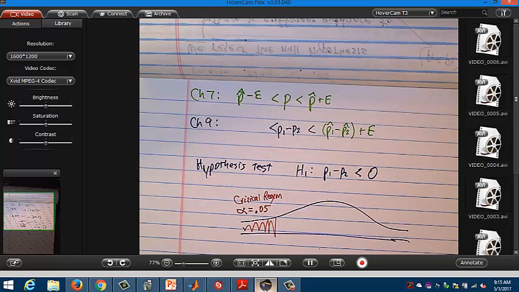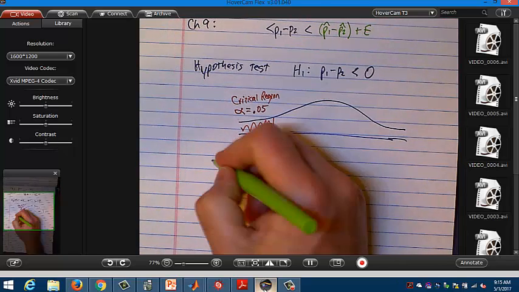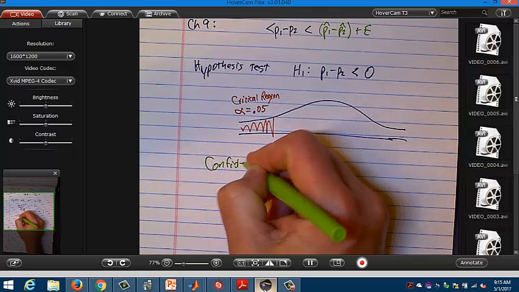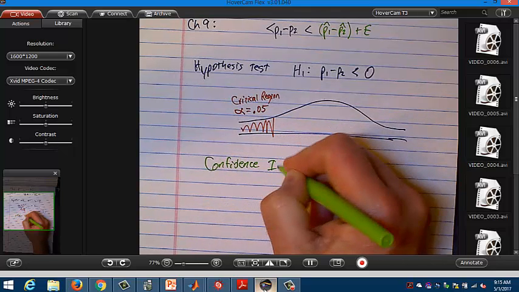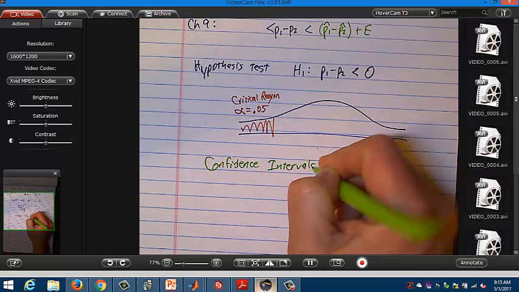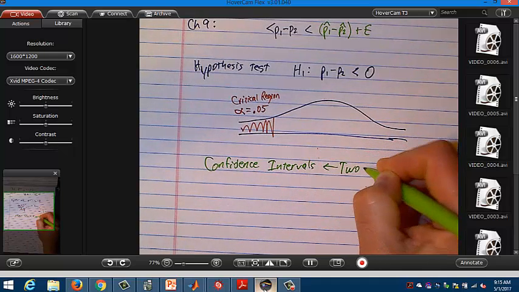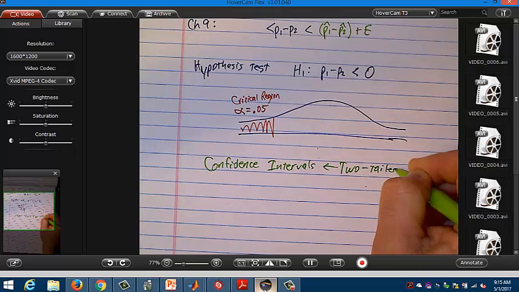Well, if you're going to do a confidence interval, here's the story. Confidence intervals, you may remember, it's been a while, but they are always two-tailed, right? Always two-tailed.